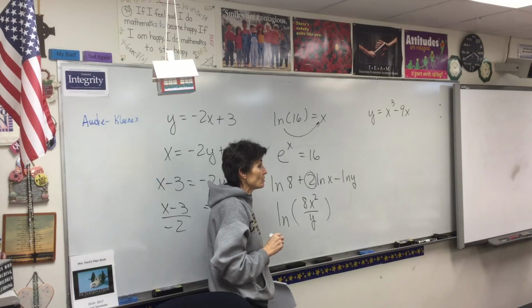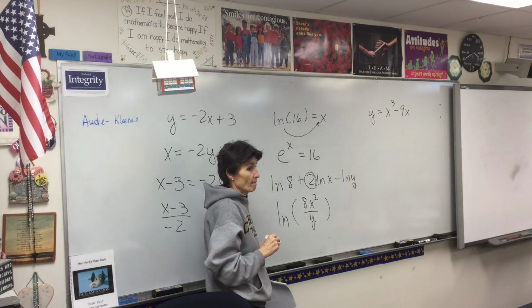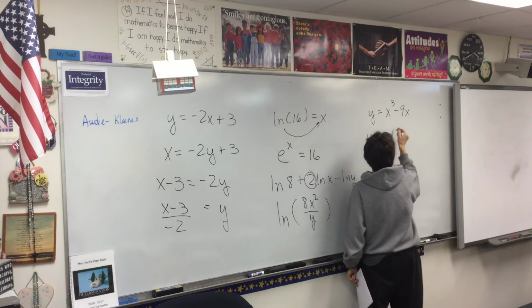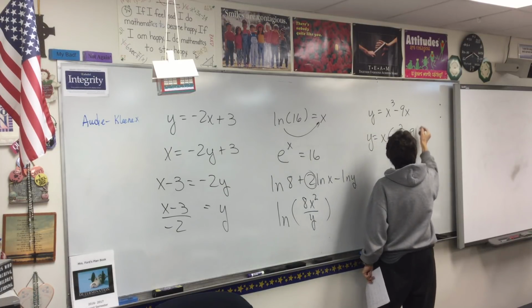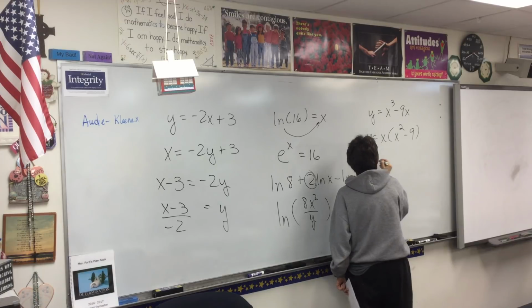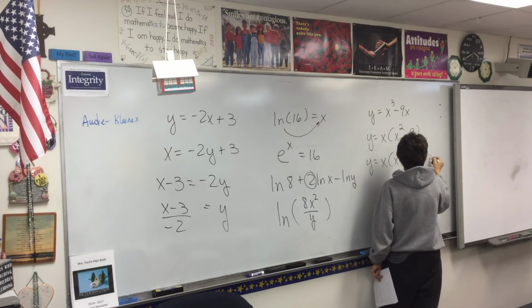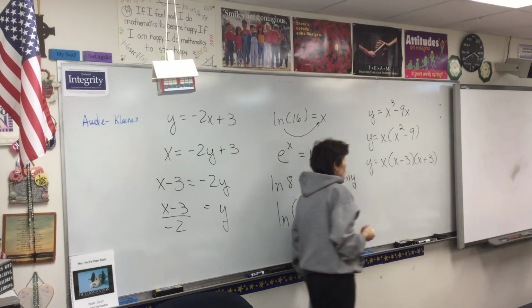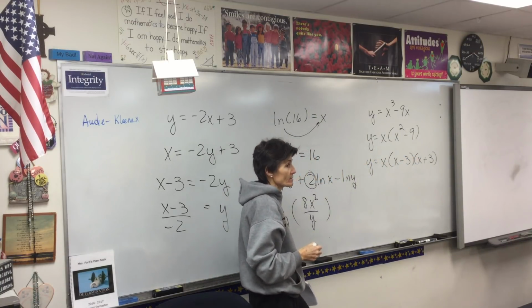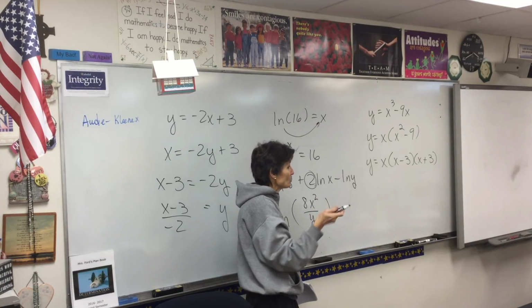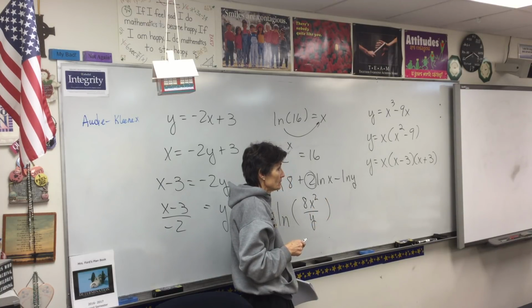So what are you going to do first? You're going to factor it. You pull out an x, and then you notice you have the difference of squares, which you have to know how to factor: x minus 3, x plus 3. Now we're right back to where we were a minute ago.